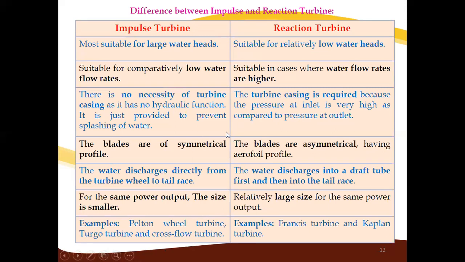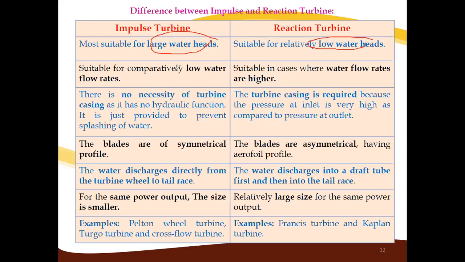This impulse turbine is most suitable for large water heads, that is high heads, more than 100 meters. The reaction turbine is more suitable for low water head as well as medium water head, that is less than 30 meters or between 30 to 100.